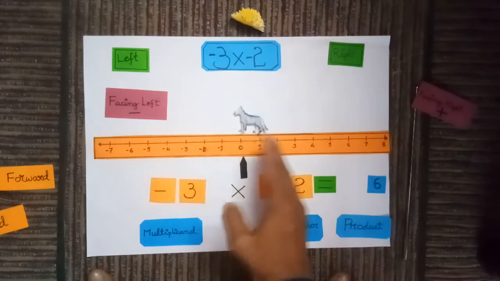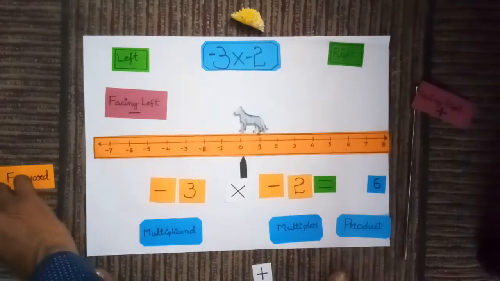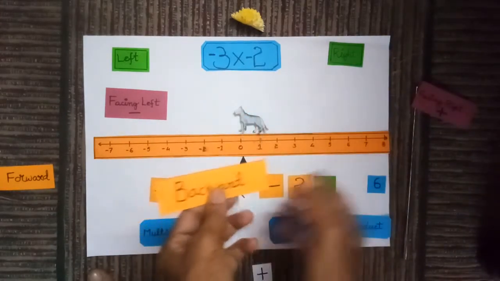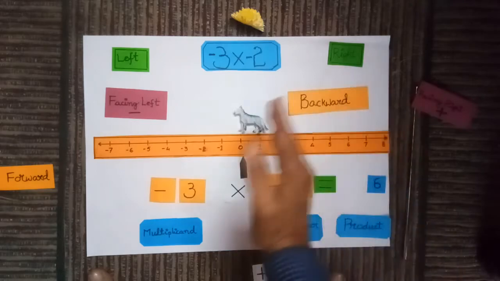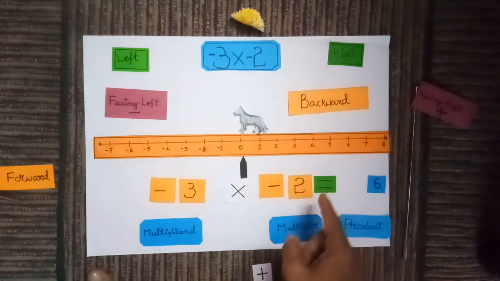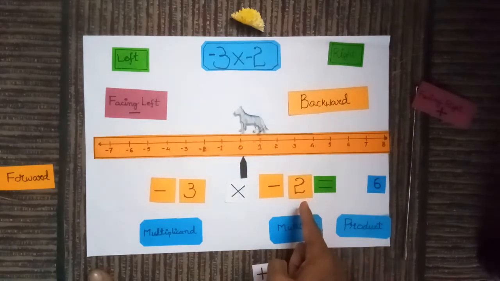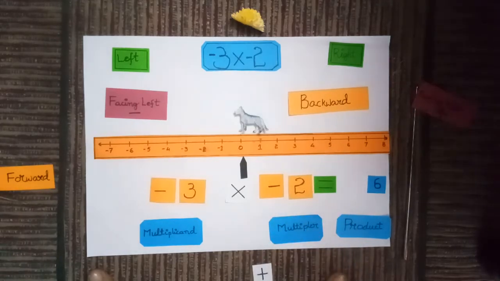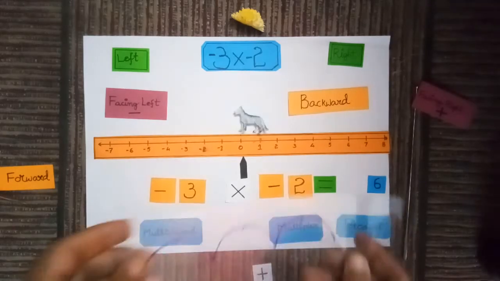Minus means it is moving in the backward direction. So for this, backward direction is this. So it has to move this side. Okay, at each jump it has to travel 2 units. So we can think like this.